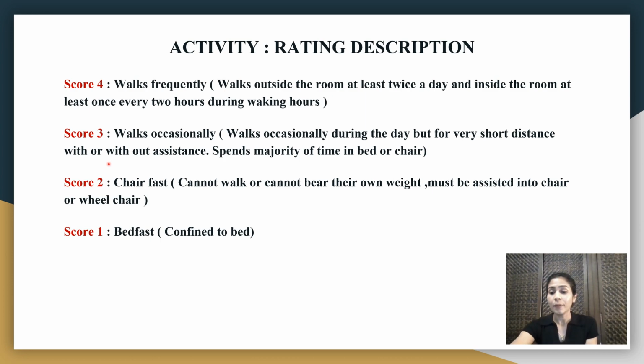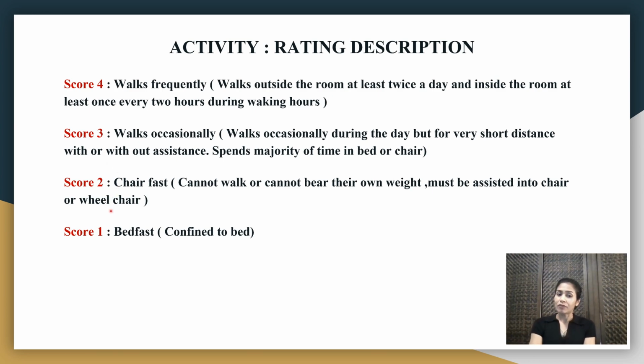If a patient walks occasionally during the day, but for very short distances with or without assistance, and spends the majority of time in bed or chair, then you can give a score of 3.